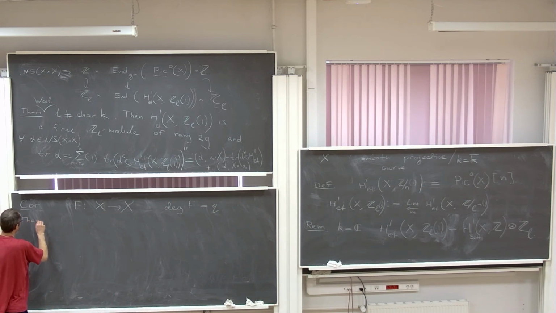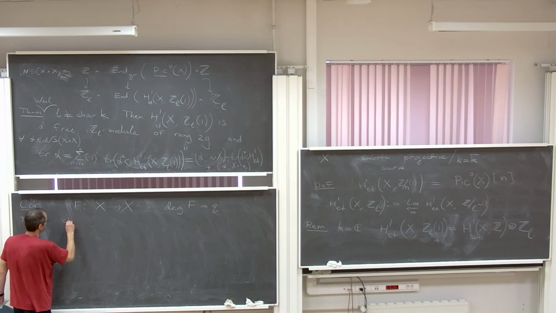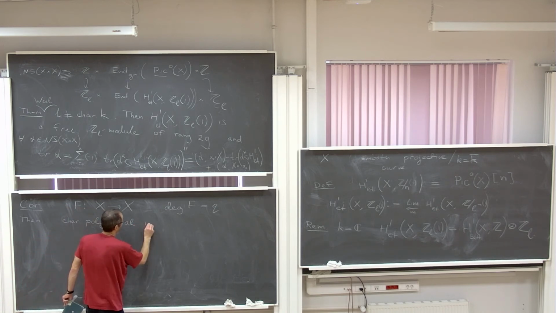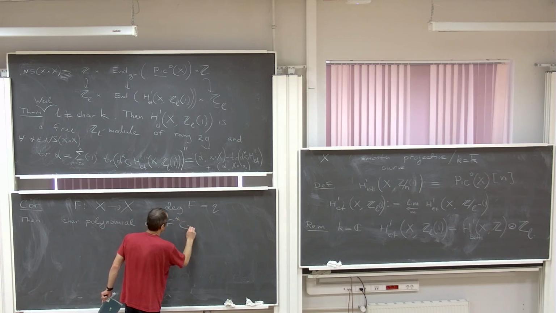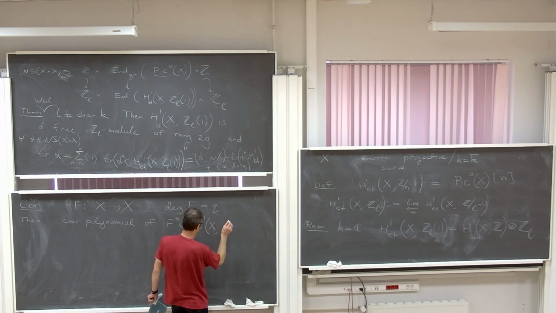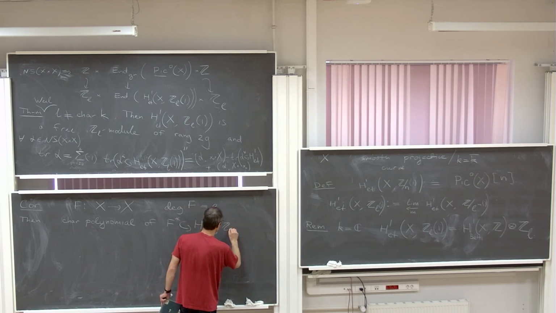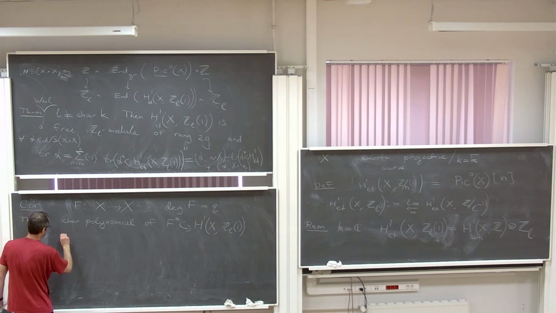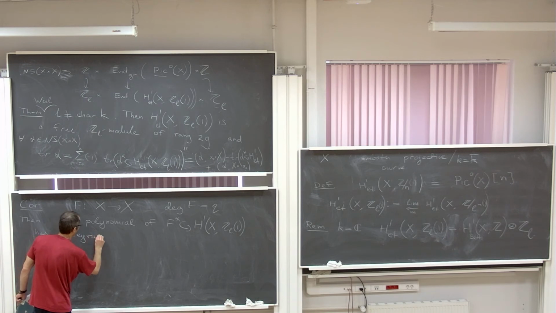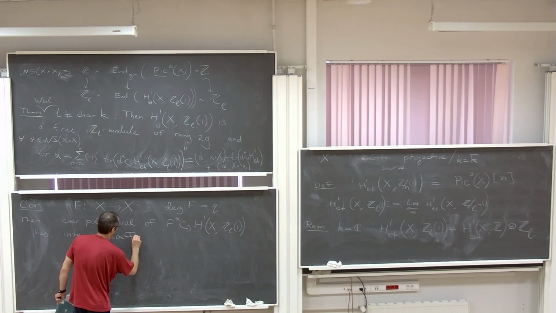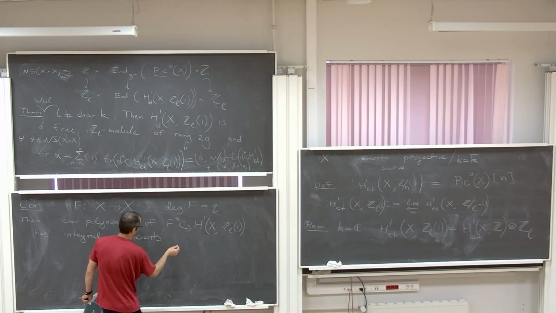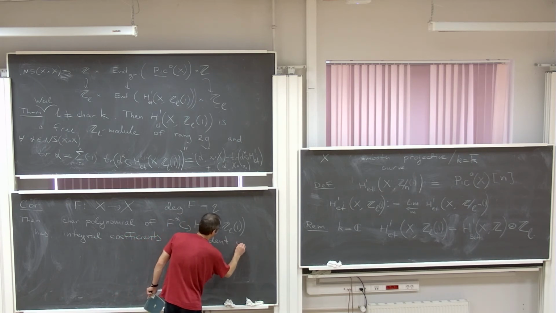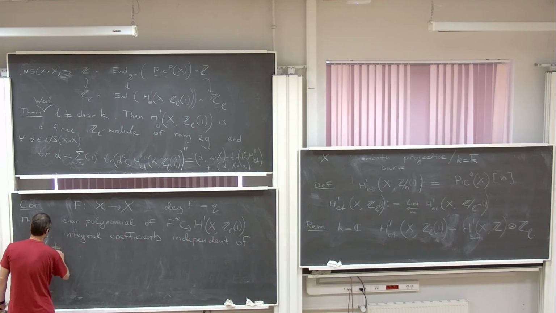Then the characteristic polynomial of f star acting on H1 of X with ZL(1) coefficients has integral coefficients independent of L, where L is not equal to the characteristic.